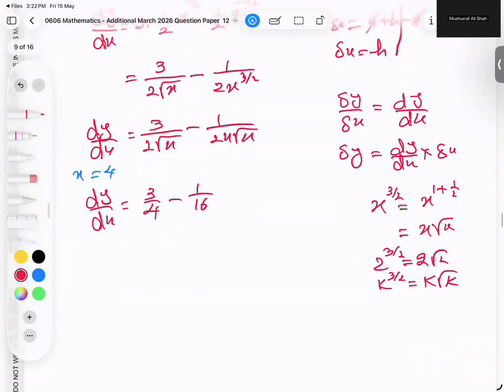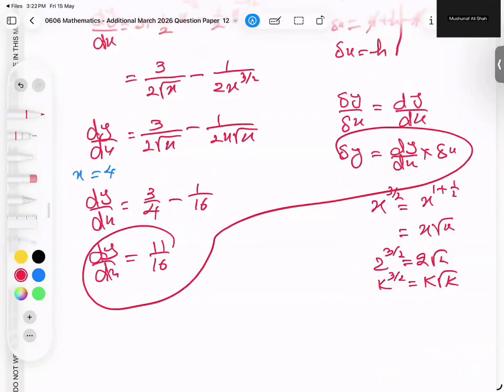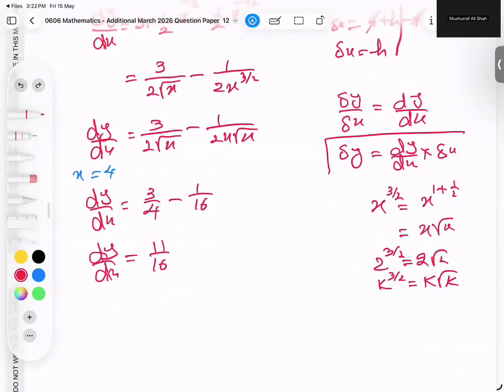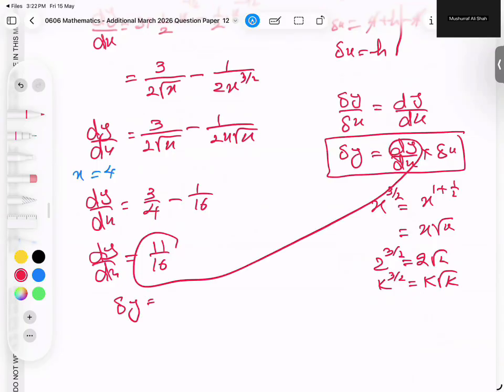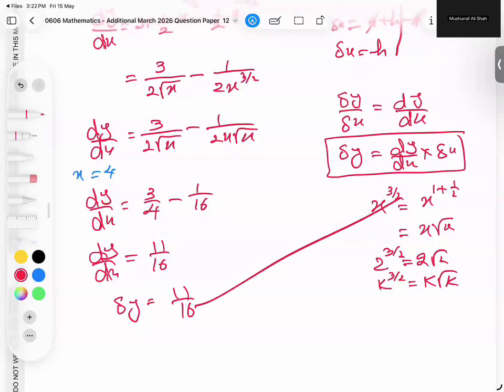Now, how to simplify? 4 times 3 is 12, so 11 over 16. And this value I'm going to plug in here. So I put it in a box. I can say the approximate change in y is equal to 11 over 16, and delta x we have already, h. And this is our final answer.